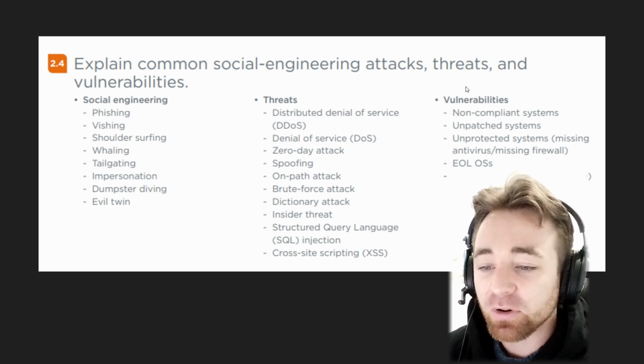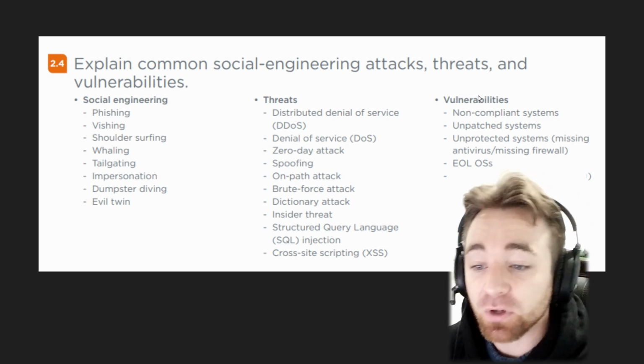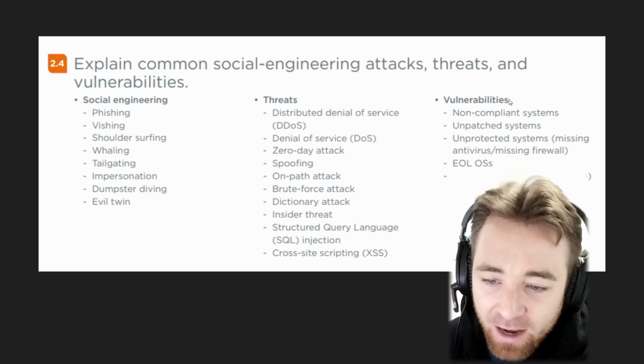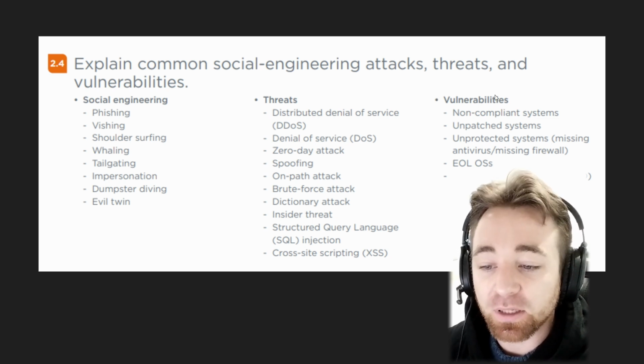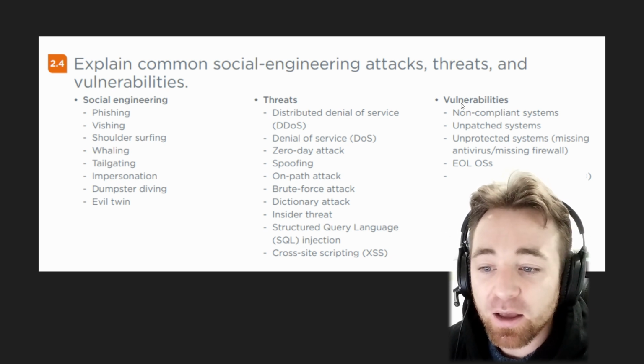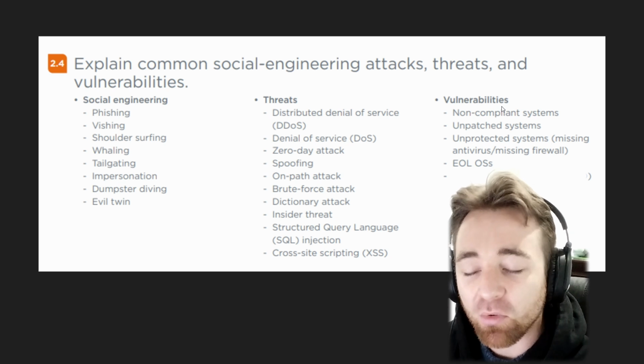The next category is vulnerabilities. So this is referring to your house or your system itself. If you have a house but one of the windows won't lock or won't close, that would be a vulnerability. Or if you have a house but you can't lock the door, that's a vulnerability. Even if there's no threat outside, even if there's no one outside that wants to break in, your house still has that vulnerability.